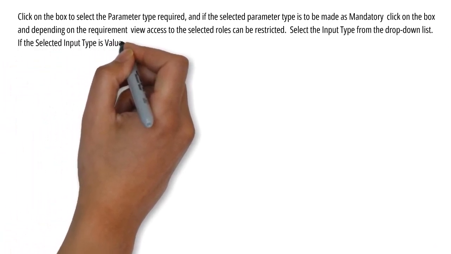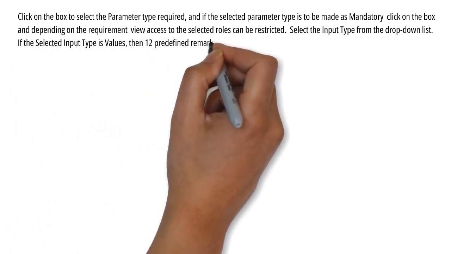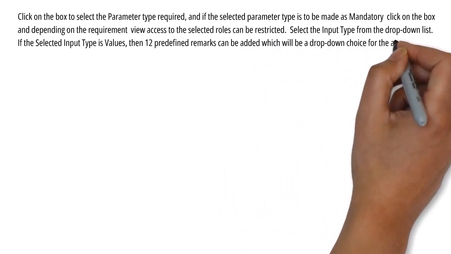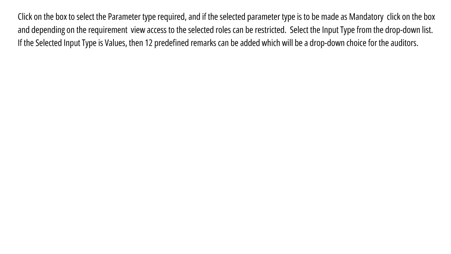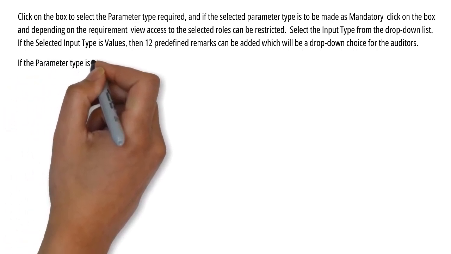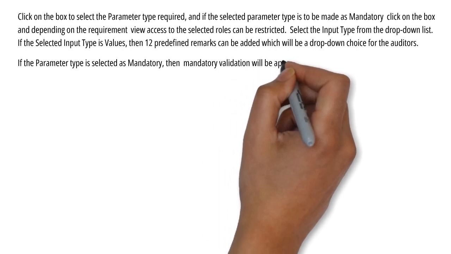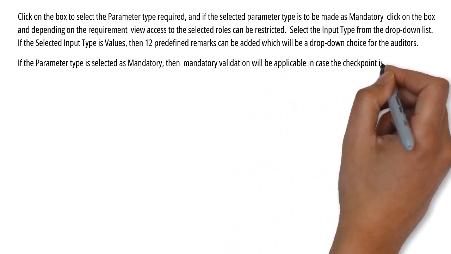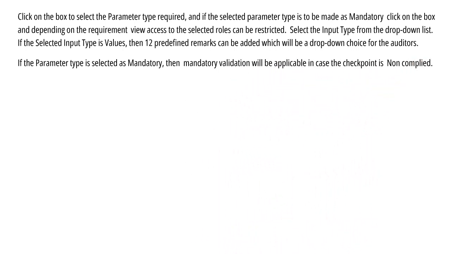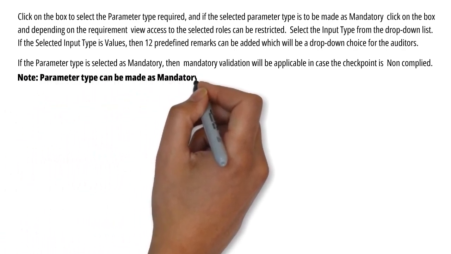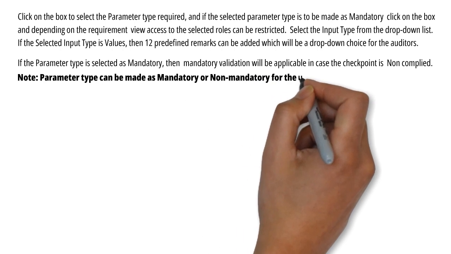If the selected input type is values, then 12 predefined remarks can be added, which will be a drop-down choice for the auditors. If the parameter type is selected as mandatory, then mandatory validation will be applicable in case the checkpoint is non-complied. Note: parameter type can be made mandatory or non-mandatory for the user.